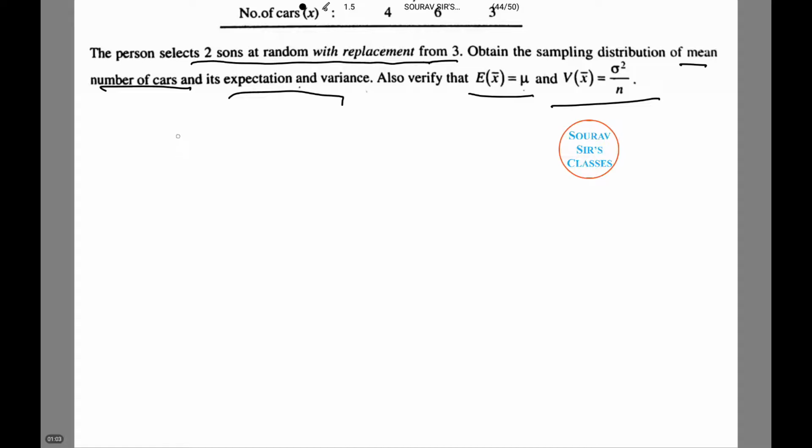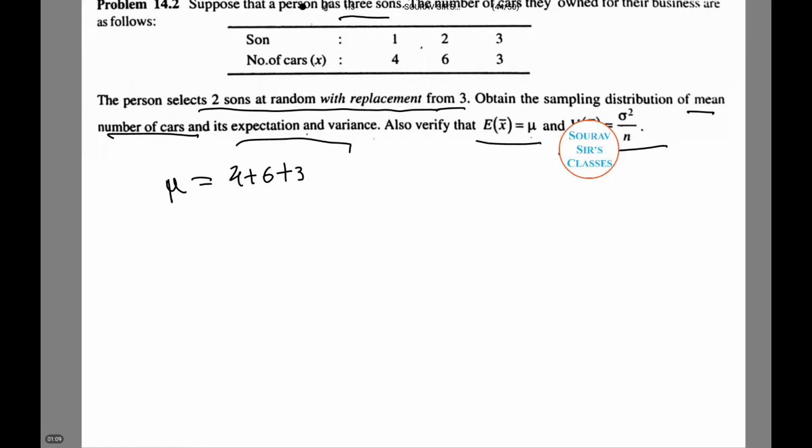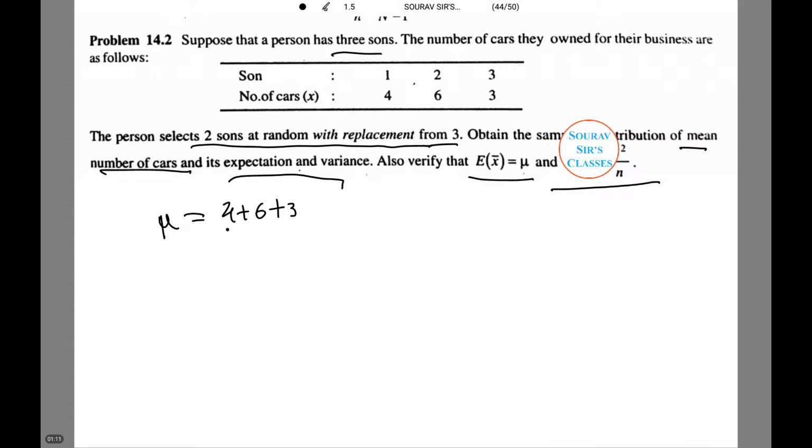We calculate the population mean mu equals to 4 plus 6 plus 3, that is the value given for number of cars, and whole divided by 3, which comes to 4.33.